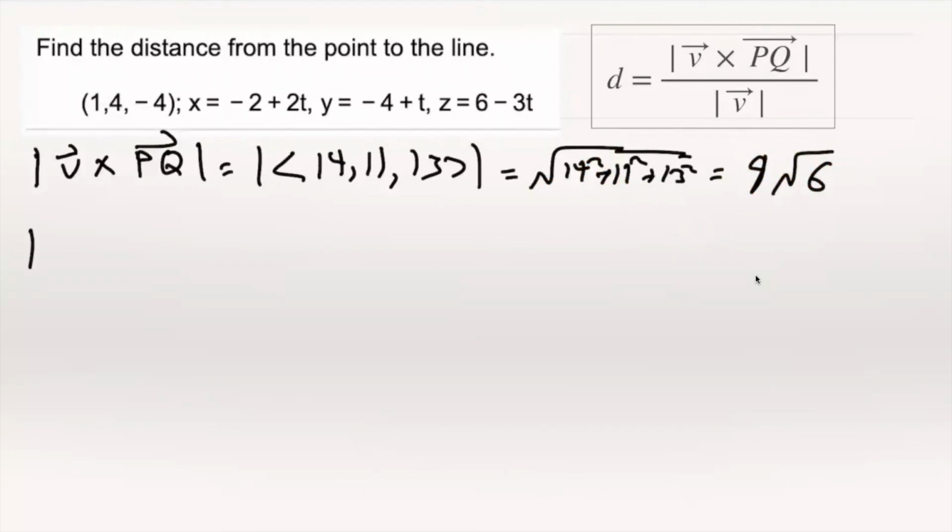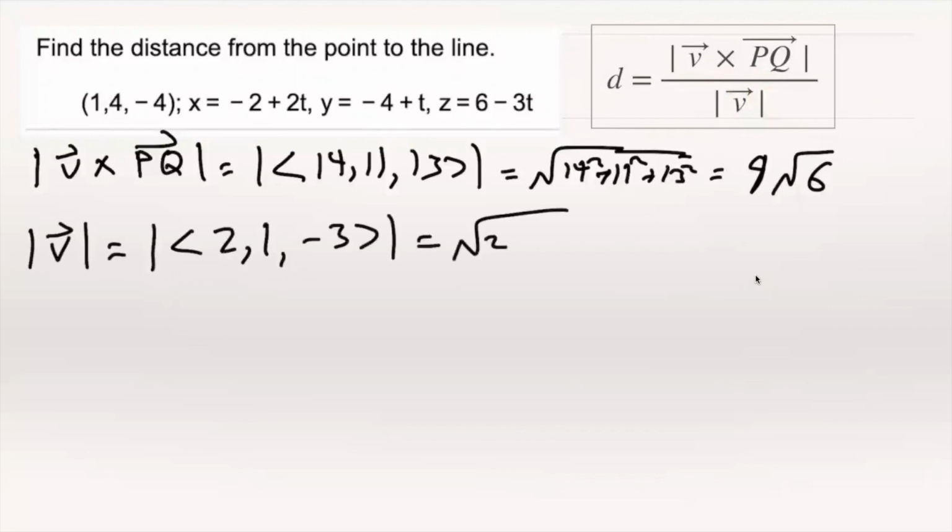And we also want in the denominator the magnitude of v. That was the magnitude of 2, 1, negative 3, which is the square root of 14.